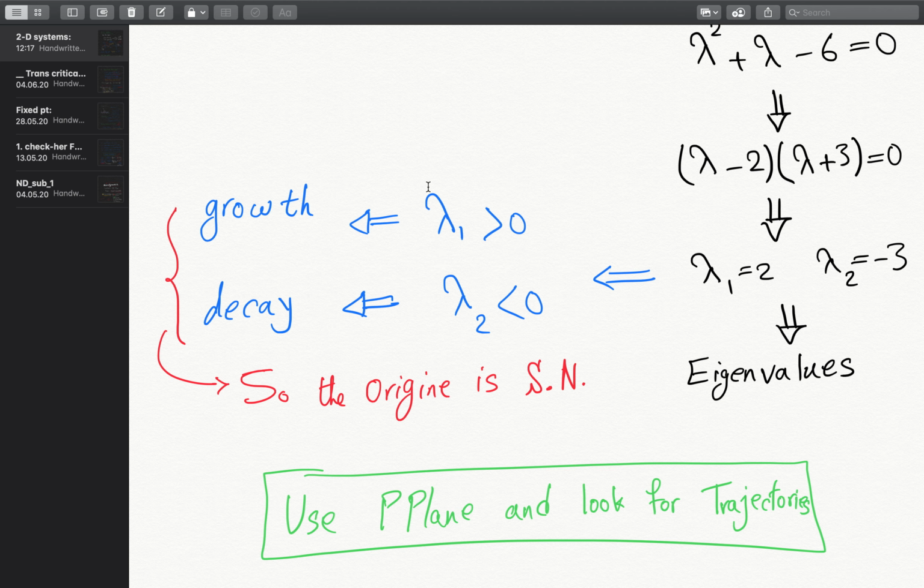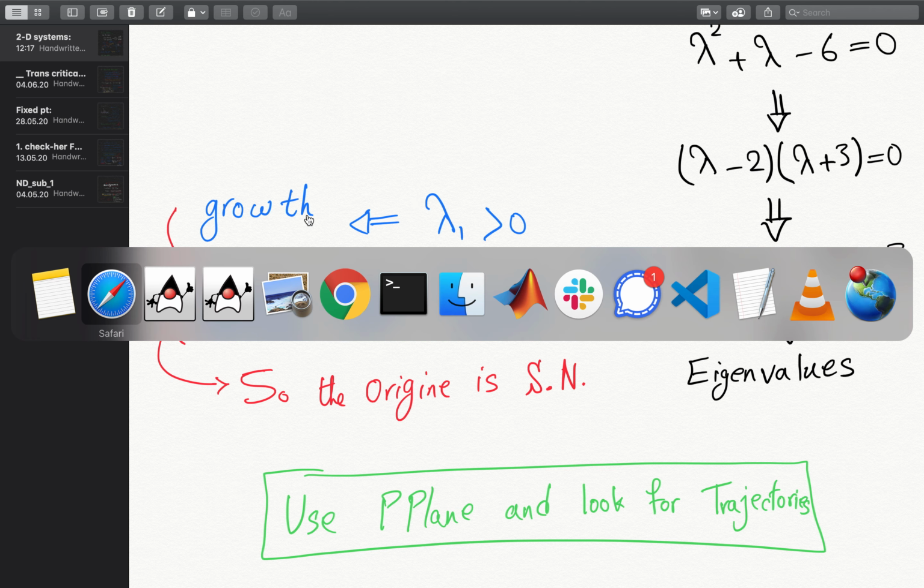And because one of them is positive and the other one is negative, we have a saddle node at our origin. These classifications I also pre-recorded in some videos, and you can find them in the textbooks as well. But now let's use the phase plane and see the trajectories.